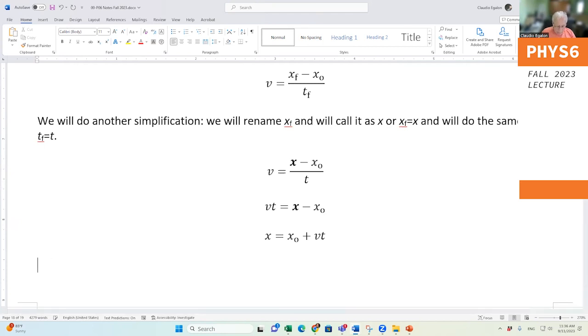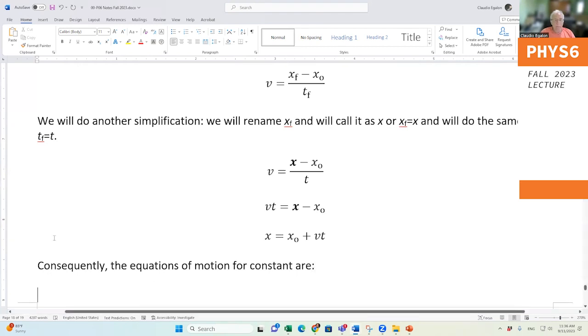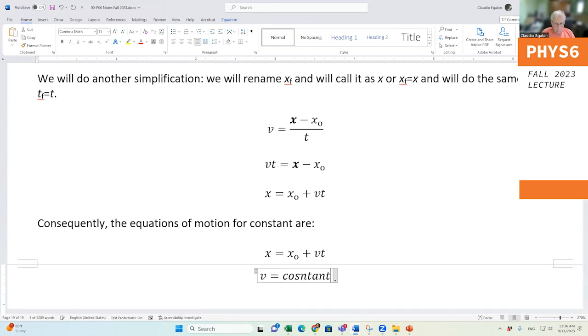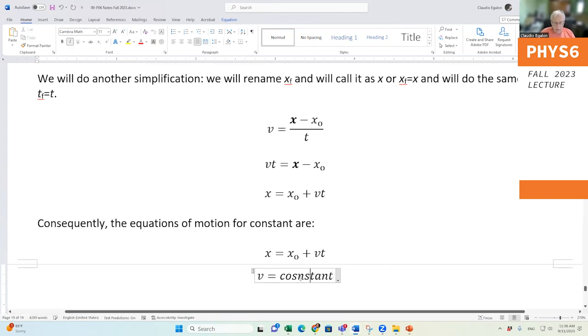Consequently, the equations of motion for constant velocity are this one, v constant, and because v is constant, the acceleration is 0.